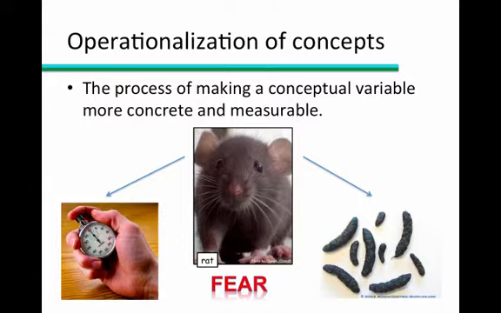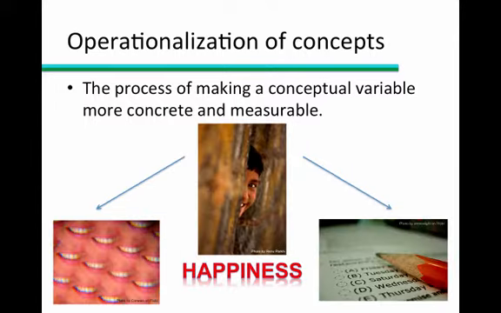Another reason why it is so important in research to operationalize concepts is that there can be many different ways to represent abstract concepts such as happiness or empathy. For example, one study may consider happiness to be the number of times a participant smiles during an interaction, and another study may use a questionnaire designed to measure happiness.